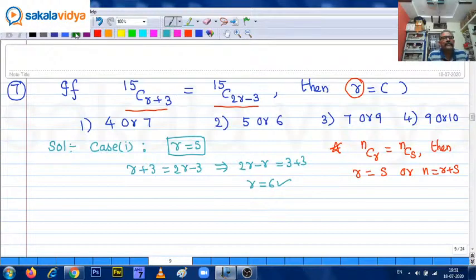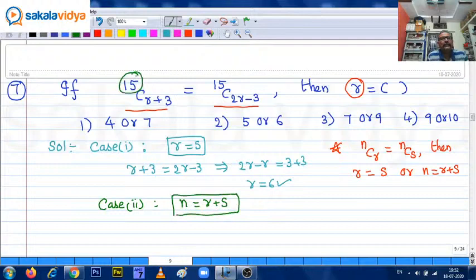Let us go to case 2 now. What is case 2 here? n equals r plus s. This condition needs to be applied. Here n stands for this 15. So 15 equals r plus 3 added with 2r minus 3. Minus 3 plus 3 cancel.